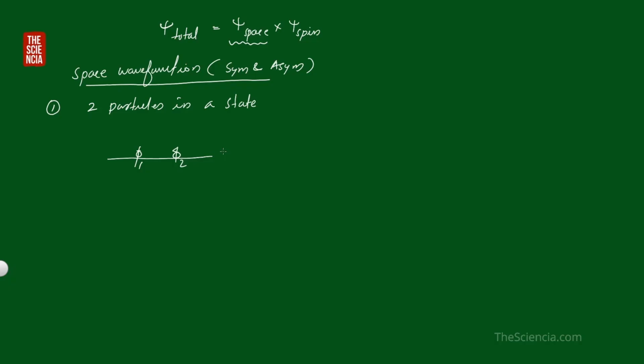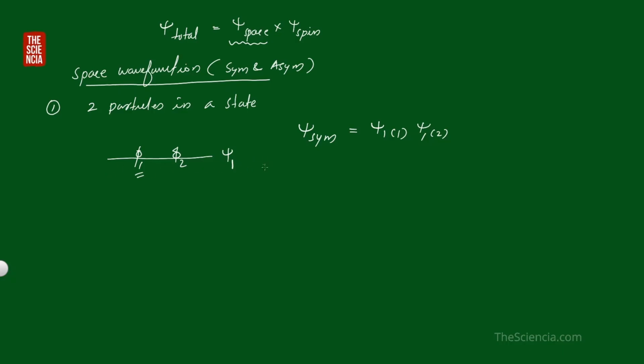So the total wave function is a combination of the wave functions of these two particles. Here we will have the symmetric part of the wave function, that will be equal to psi 1 of the first particle into psi 1 of the second particle. So this is the wave function of the first state.